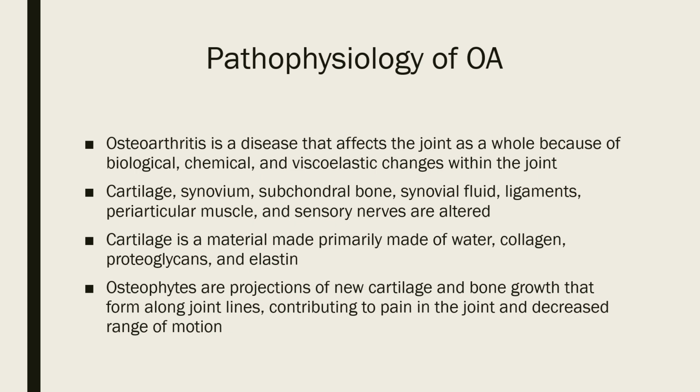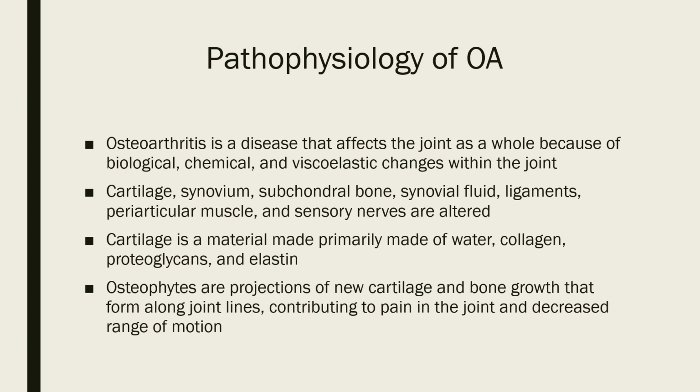Osteoarthritis is a disease that affects the joint as a whole because of biological, chemical, and viscoelastic changes within the joint. Cartilage, synovium, subchondral bone, synovial fluid, ligaments, periarticular muscle, and sensory nerves will be altered. Cartilage is a material made primarily of water, collagen, proteoglycans, and elastins.